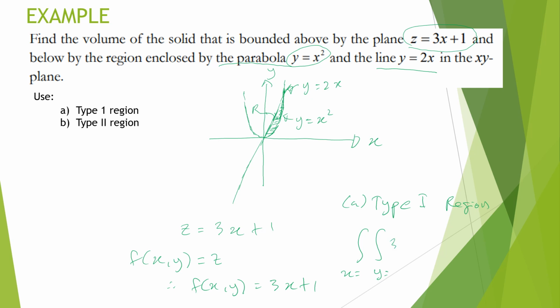Here will be 3x plus 1, which is the function f of x, y. Here is y, so here should be dy. Here we have x, so here should be dx. Next, what we have to think about is the values and functions for the limits.